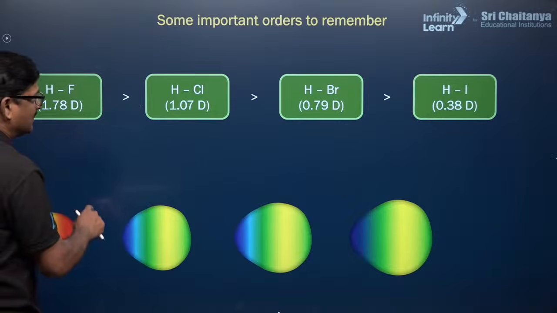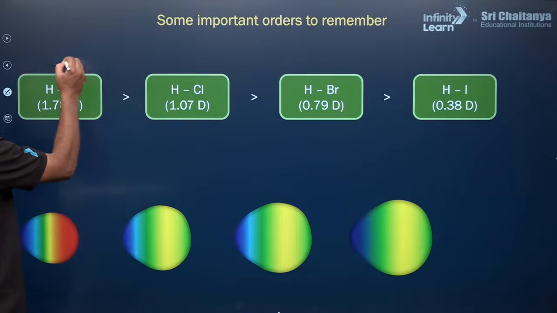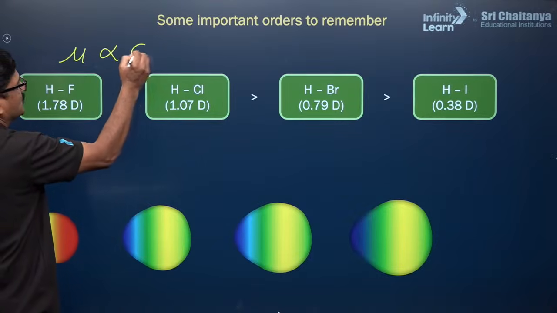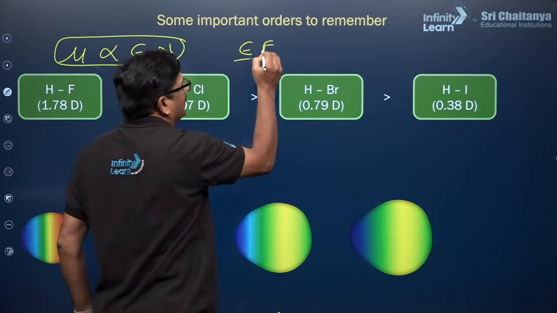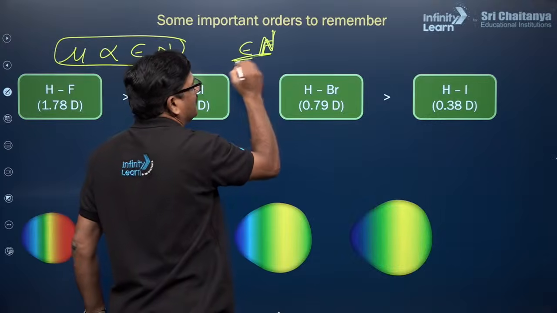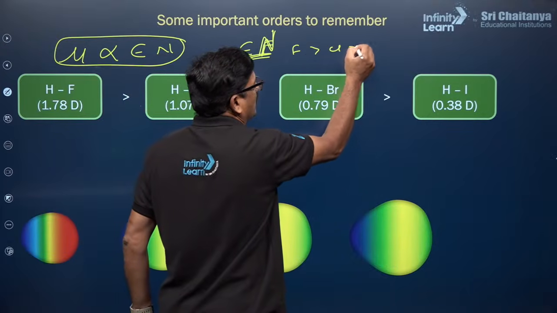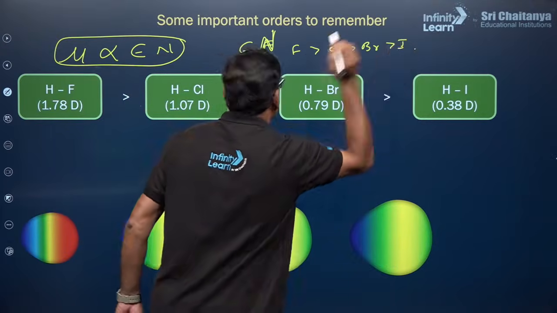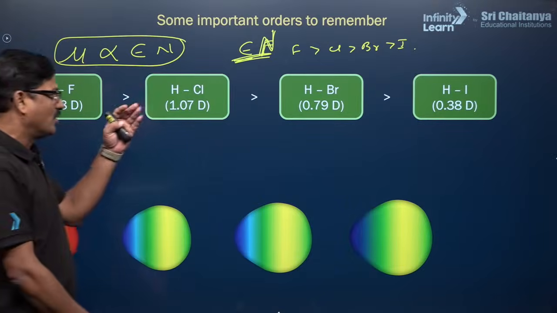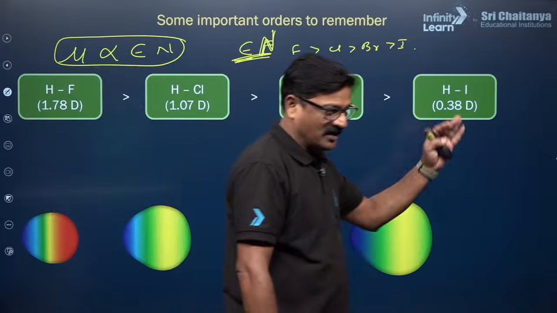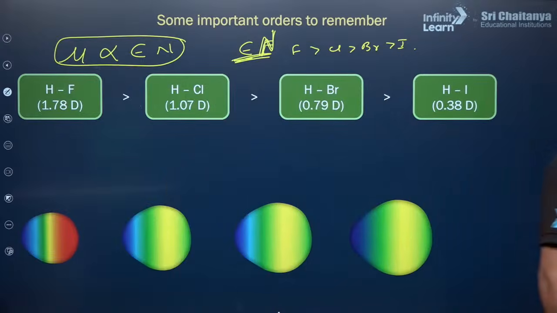So I mean to say the dipole moment is directly proportional to the electronegativity of fluorine, chlorine, bromine and iodine. So HF 1.78, the electrons are pulled more towards the fluorine. Then HCl, HBr, HI. Any doubts?